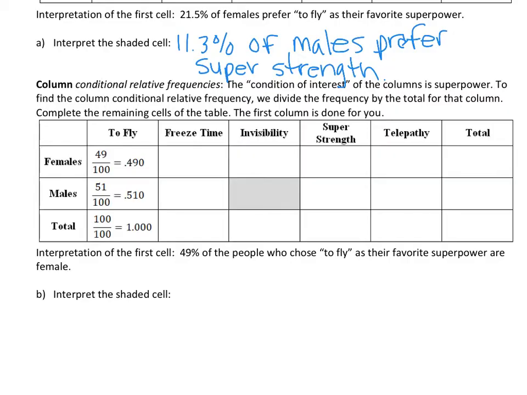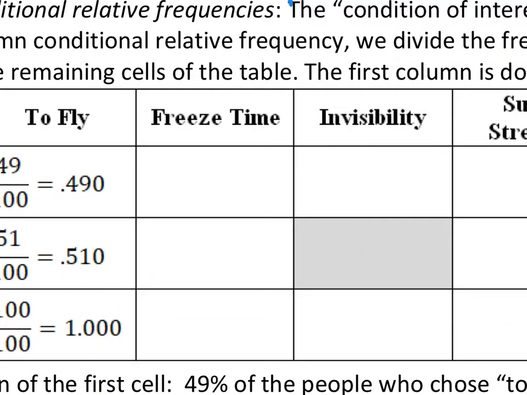So let's look at freeze time. We have 60 females, and if you look at the total in the column, it's 131. So 60 over 131 equals 0.458.